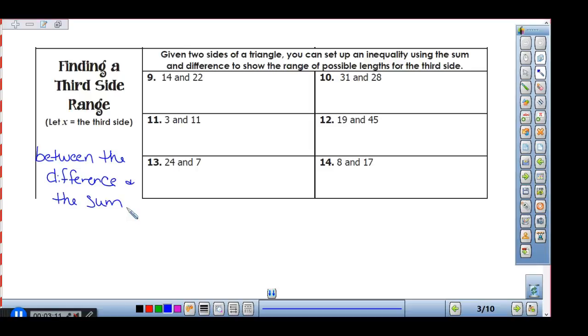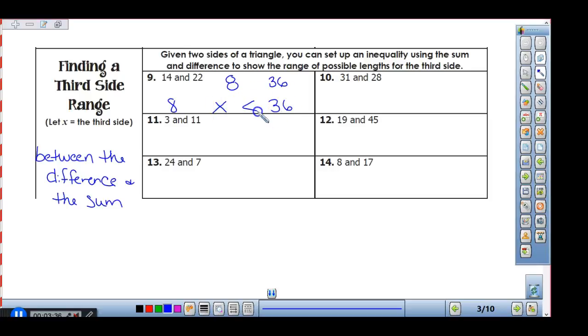So when I subtract 22 and 14, I get 8. So it has to be between 8 and, add them together, 36. This is how you have to write it, because we have to write it as an inequality. X goes in the middle. Difference goes on the left. Sum goes on the right.